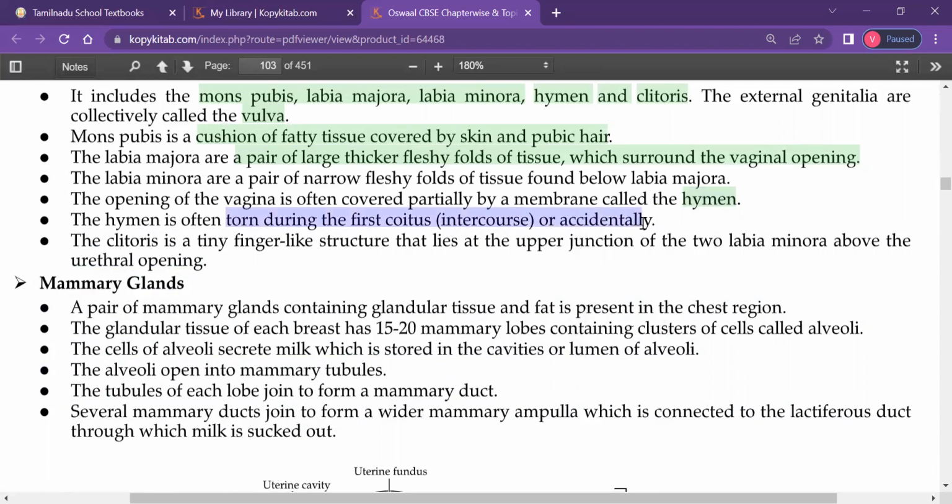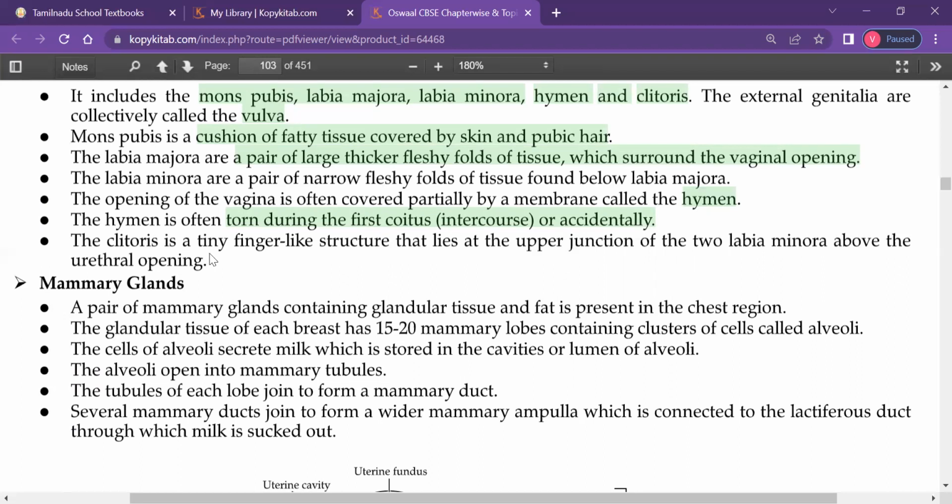Or it can be torn accidentally, especially in cyclists and people who work physically. And it produces a lot of blood when the first intercourse happens.